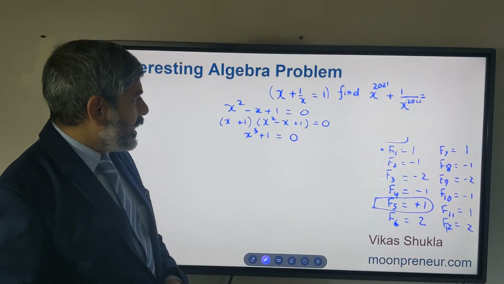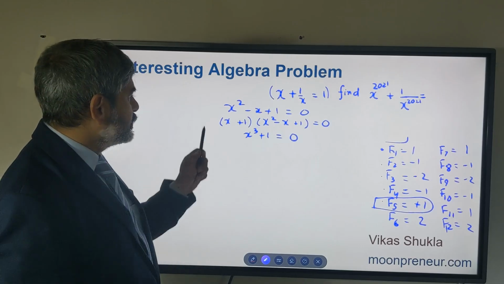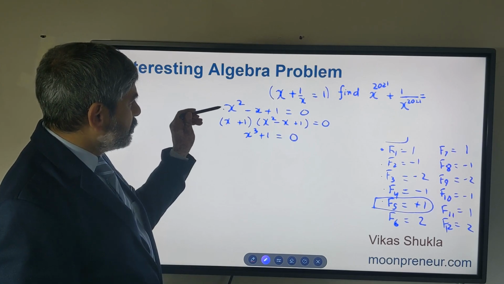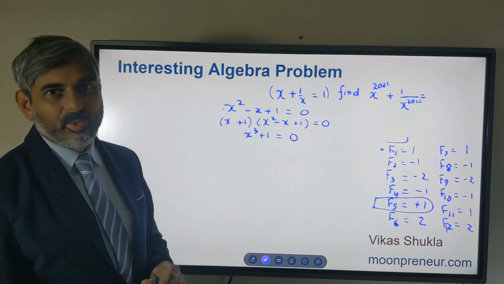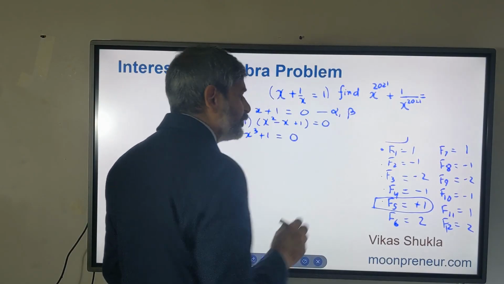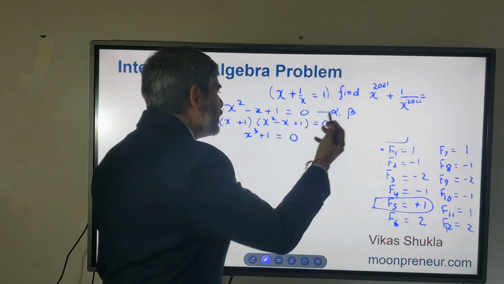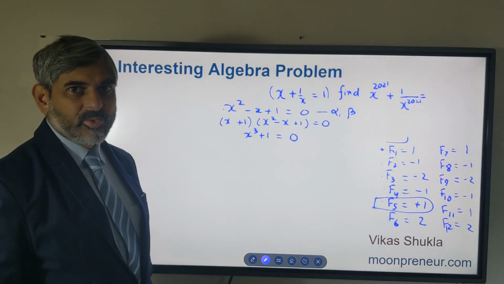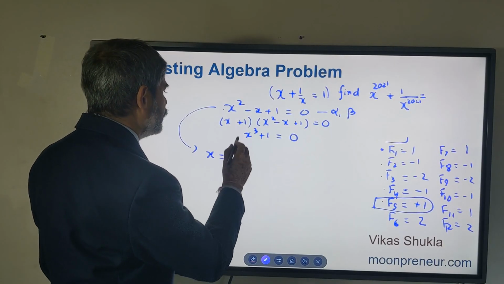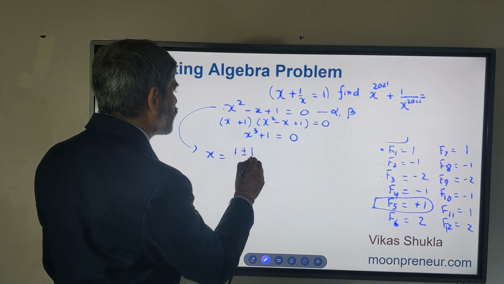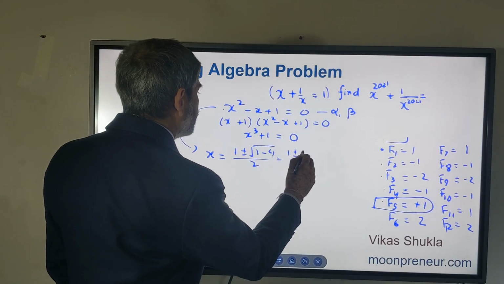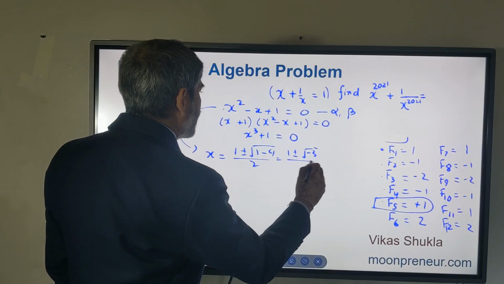This equation has 2 roots, and this equation has 3 roots. Now any solution of this one must also satisfy this as well. So let's say this one has roots of alpha and beta. Then alpha and beta must satisfy this equation as well. For example, the roots of this equation are x equal to minus b plus minus square root of b square minus 4ac upon 2a, or 1 plus minus square root of minus 3 divided by 2.